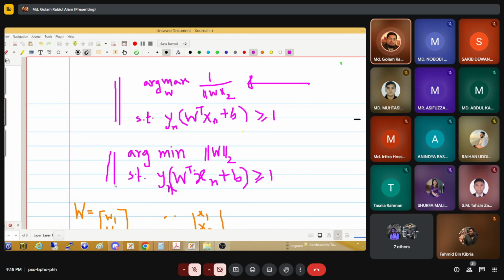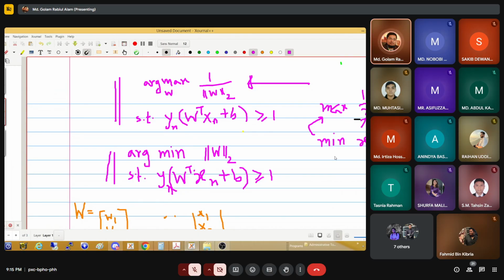So that means the same problem we can convert from a maximization to a minimization, because maximization of 1 by x is the same as the minimization of x. So if we minimize the x, then it will maximize the 1 by x.